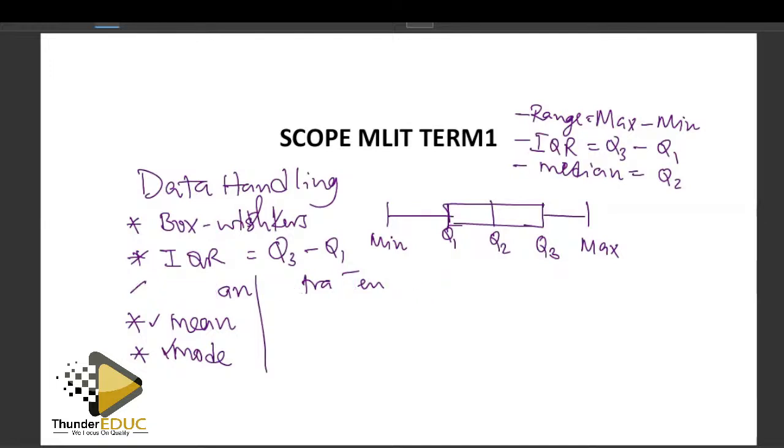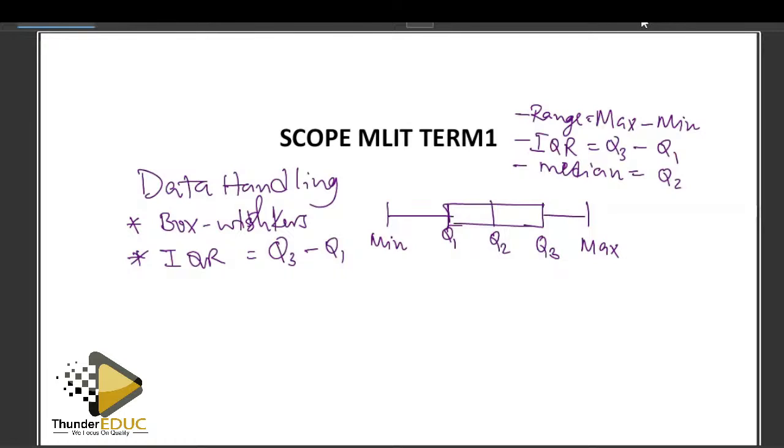If someone talks of the box and whiskers, how shall we explain the quartiles, or the given values?